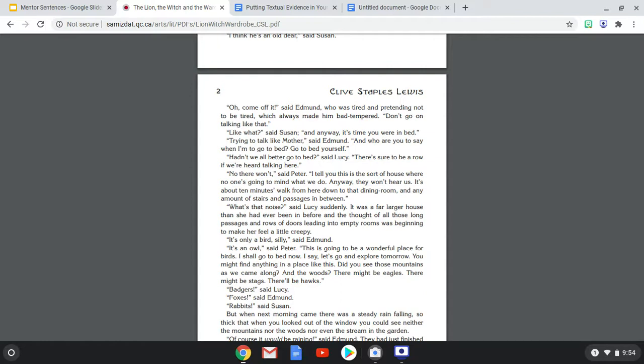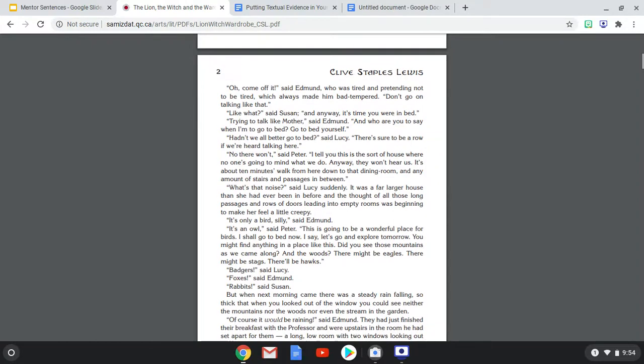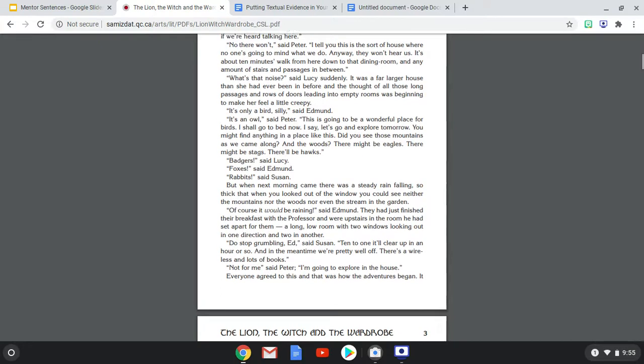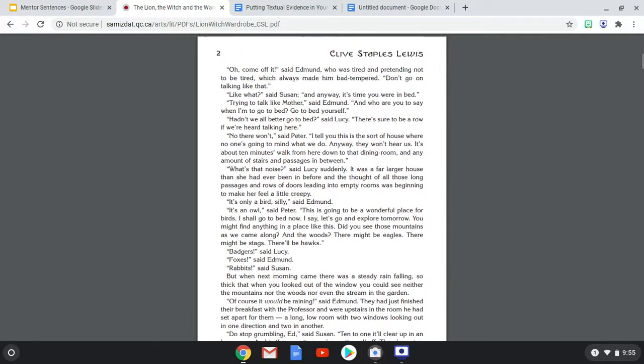And he obviously doesn't like being told what to do. Let's see, what else with Edmund? Edmund, when they're talking about noises, he says, it's only a bird, silly, when he's talking to his younger sister. So think about the way he speaks to his siblings, his older sister and his younger sister. He doesn't speak very kindly.